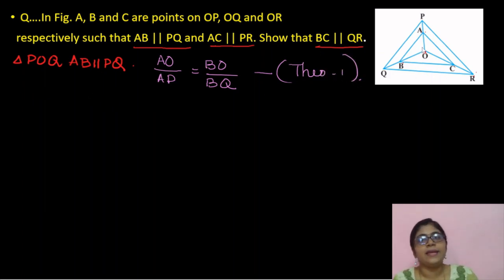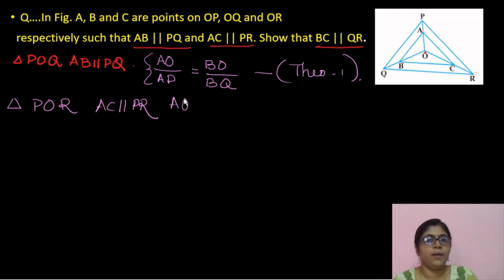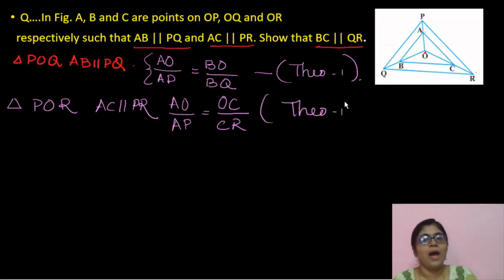And if we consider triangle POR, here AC is parallel to PR. So as AC is parallel to PR, we can say AO by AP is equal to OC by CR. This is also according to theorem 1.